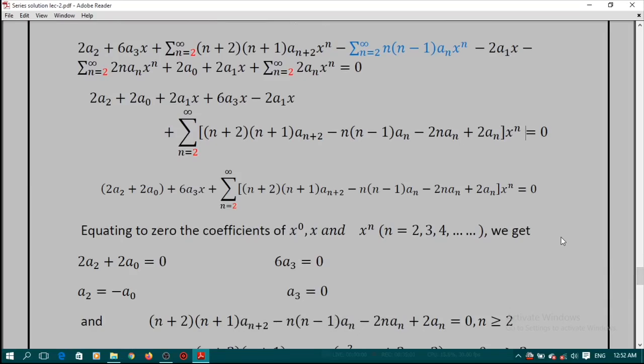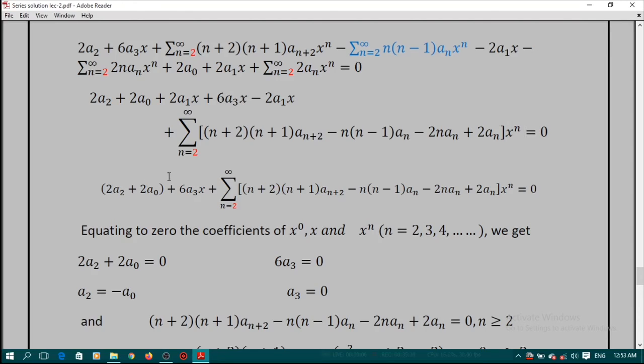So here you can see we have plus 2a1x and minus 2a1x. So after simplification we get 2a2 plus 2a0, and we have one single term which contains x.